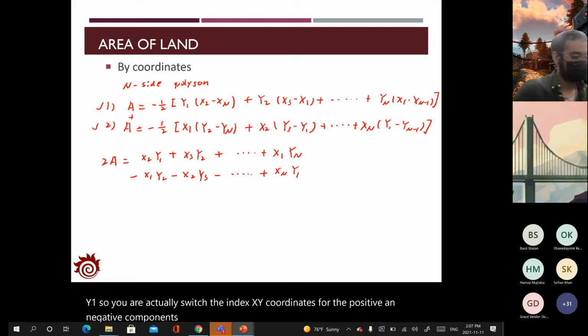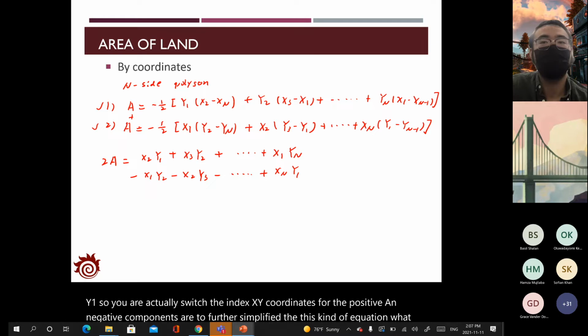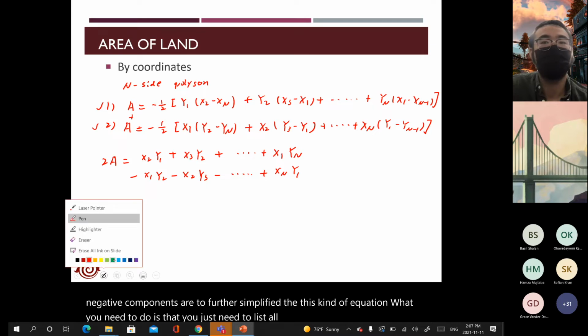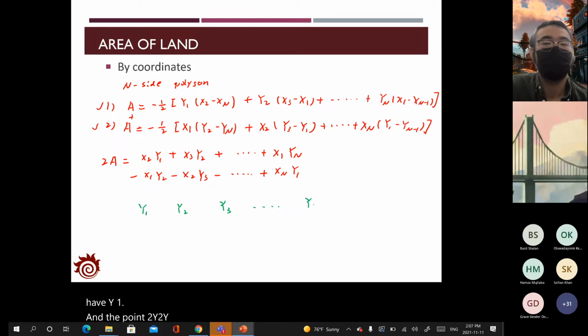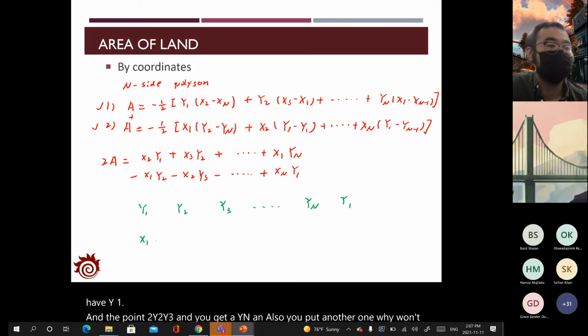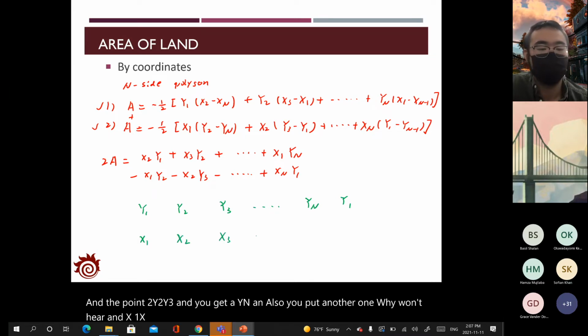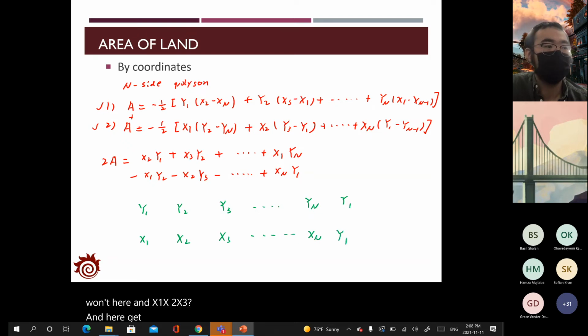To further simplify this equation, you just need to list all the x and y coordinates. For point 1 you have y1, point 2, y2, y3, and here yn, and you put another y1 here, and x1, x2, x3, and here xn, and x1. Now you just do the cross product.